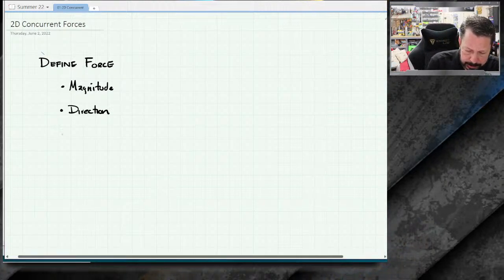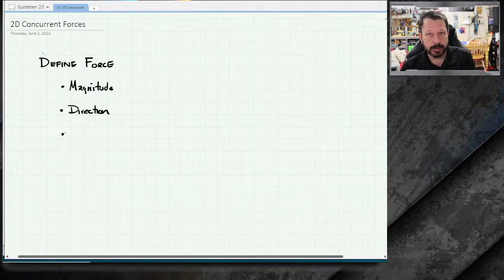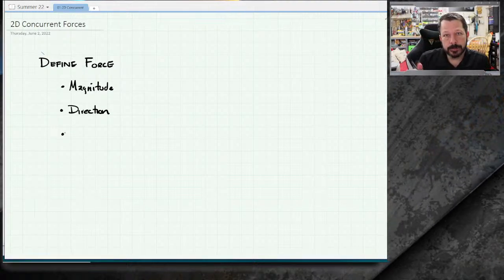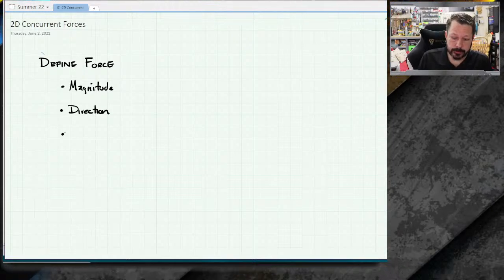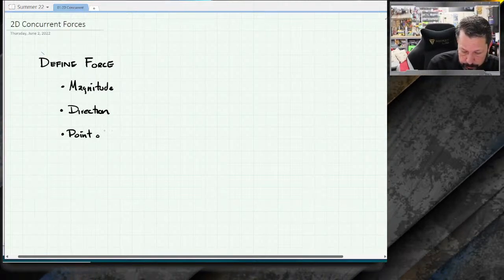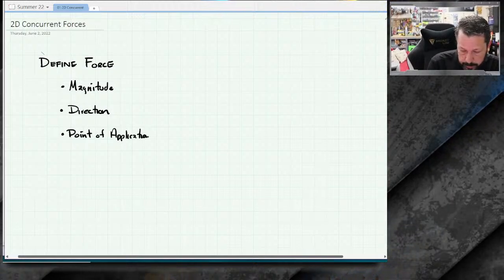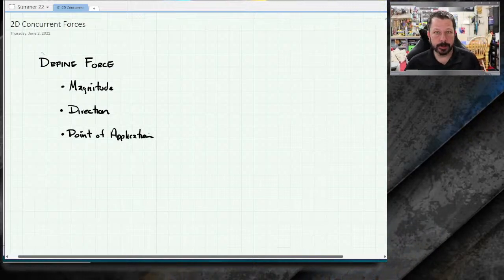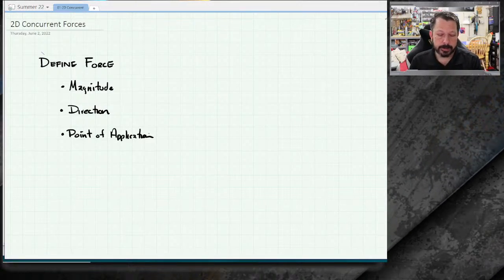And then the last thing you need, those two things by themselves do define a force vector, but here this force vector is applied to an object. So this object experiences this force, and so we need a point of application. So this force is going to be pulling on the rope, or it's going to be pushing on this block or whatever.